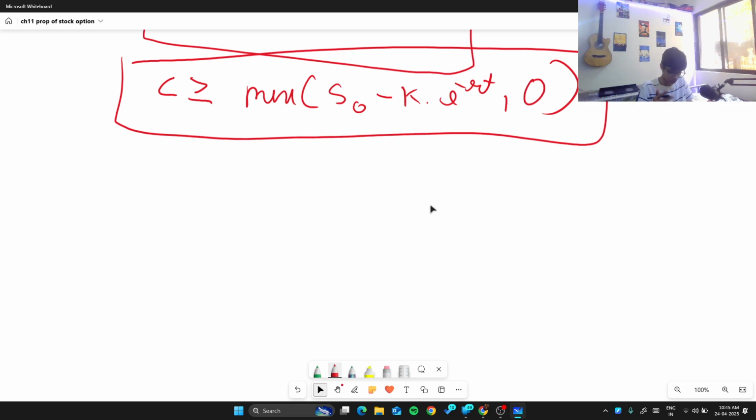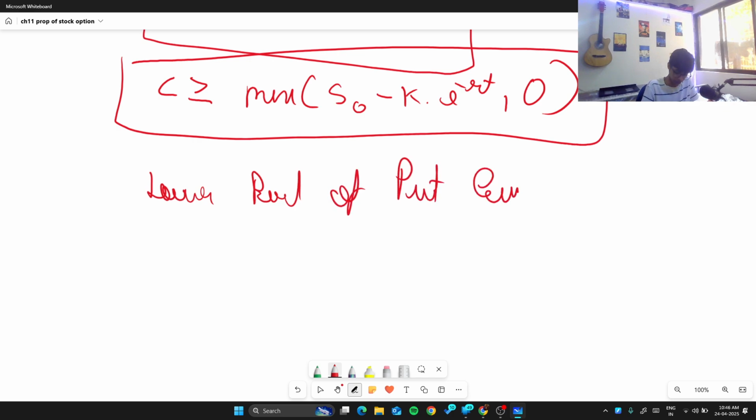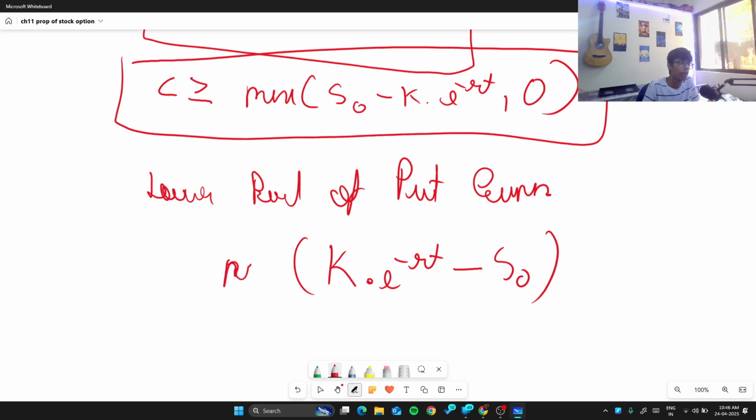Now we will see the lower bound of a European put. It is simple. It could not be more than the maximum of 0 and strike price minus S0.